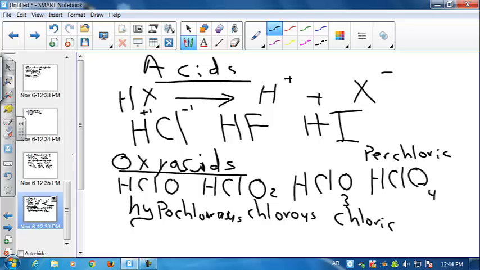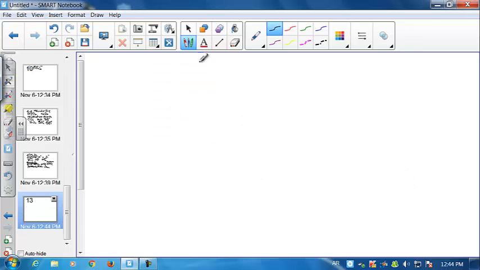If you have H2SO4, dihydrogen sulfate, this is an oxy acid, so we call it sulfuric acid.